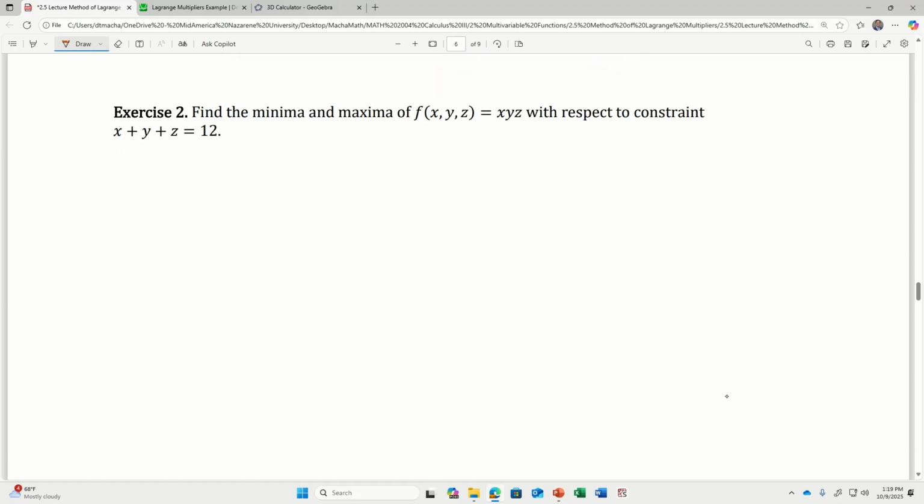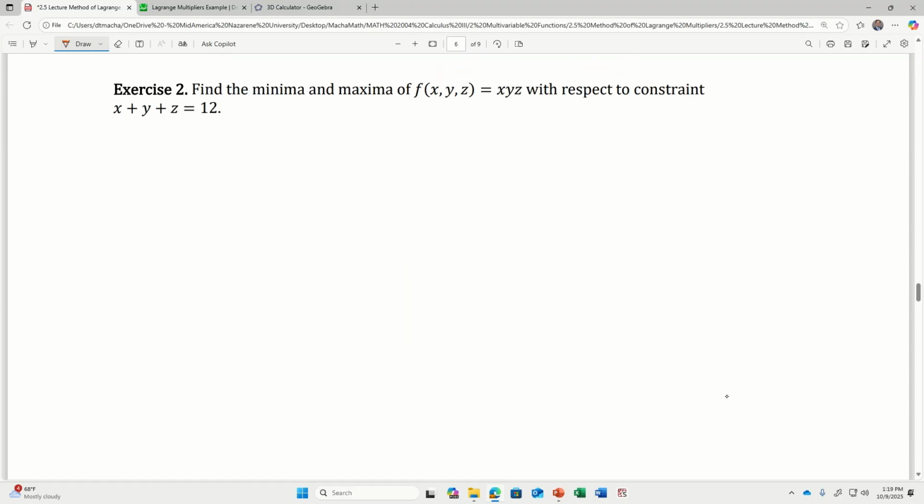Gives you the same answer in the end. The other thing I'll say is we can have functions of 3 variables and a constraint equation like this one. In this case, my function I'm trying to maximize is a scalar field that assigns a scalar value to every point in space with x, y, and z coordinates. And my constraint equation is a plane that goes through space.